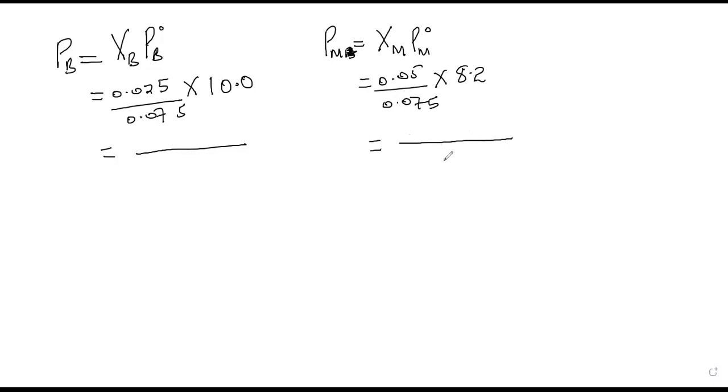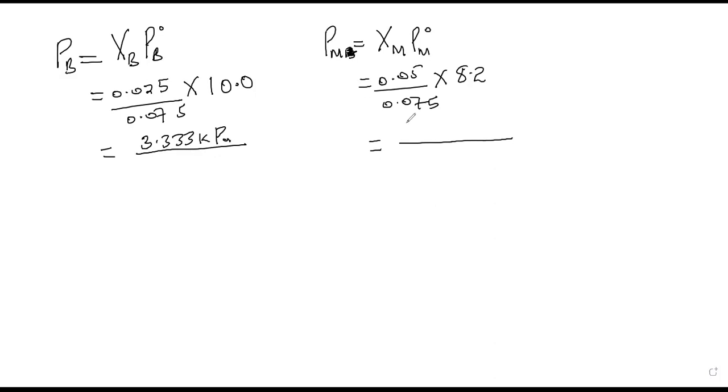So let me calculate each by putting on my calculator here. 0.025 times 10 divided by 0.075. This will give you 3.33 kilopascals.